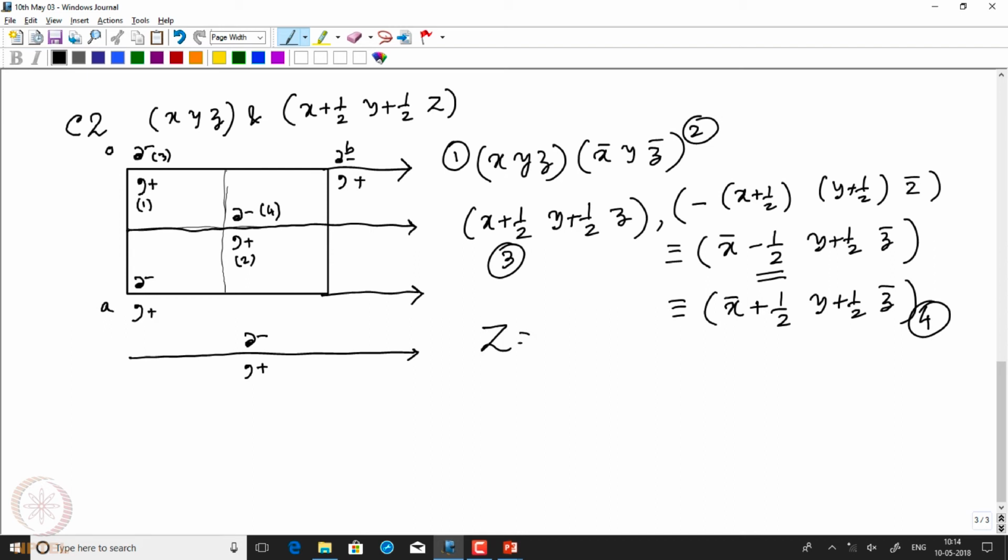What is Z? Z equal to 4. Is it centrosymmetric? No. The answer is no, because we don't see any inversion center in this. What has happened in addition to this C2? The point 1 and point 4, if you look at them carefully, also have a different symmetry in between.